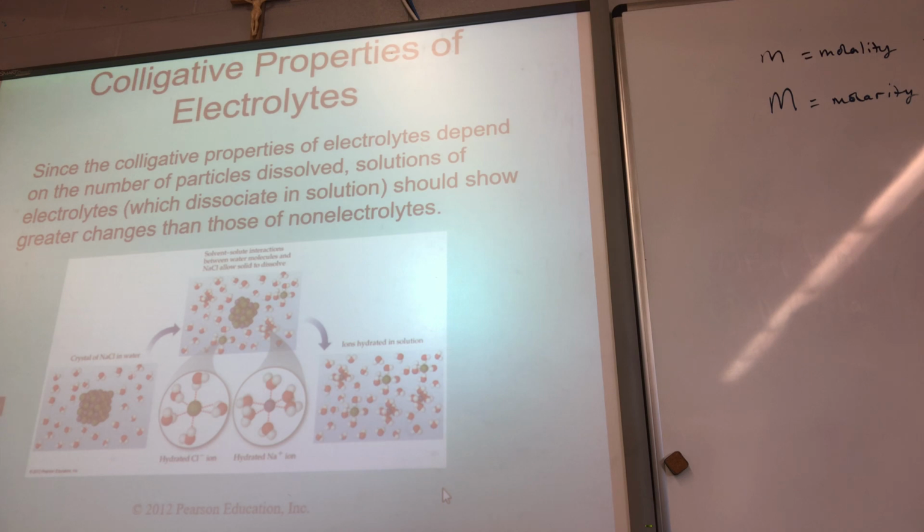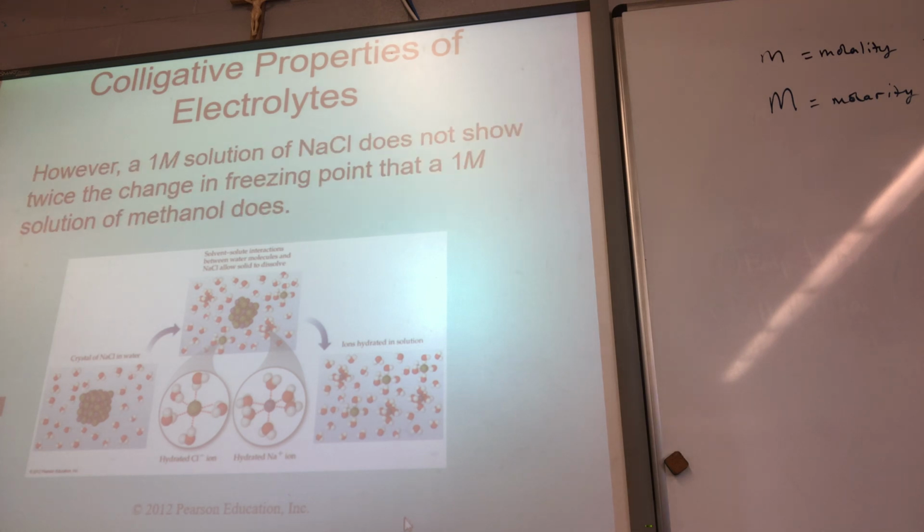Just making the argument that if we have something that dissociates into many parts, the effect is going to be amplified versus something that doesn't dissolve into many parts, just kind of stays the way it is and gets surrounded by water particles or whatever particles you're dealing with. Okay.